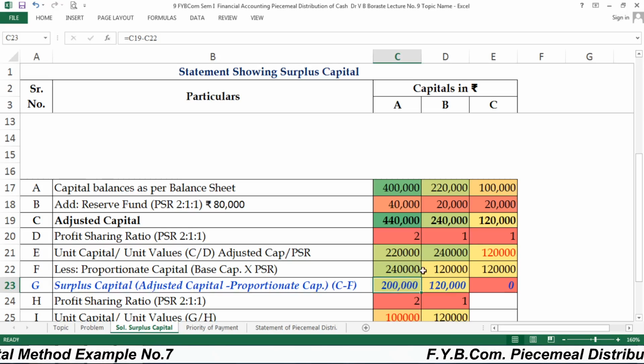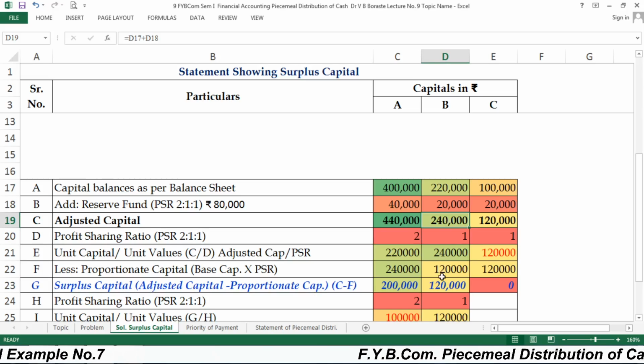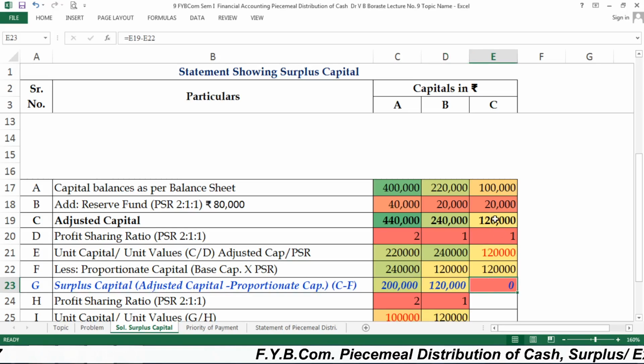This is the surplus capital of Mr. A. In the same way, 2,40,000 of Mr. B minus 1,20,000, the answer is 1,20,000, the surplus capital of Mr. B, and C's surplus will be 0, that is 120 minus 120, the answer is 0. That means Mr. A and B provide a surplus capital of rupees 2 lakh and 1,20,000 respectively.